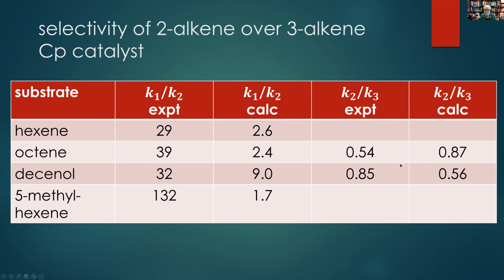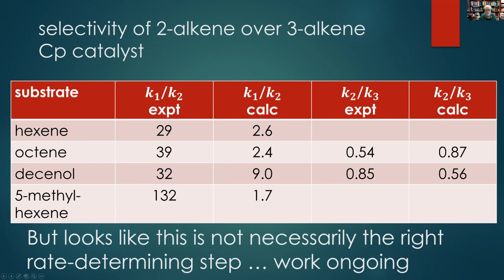And in fact, going from the 3-alkene to the 4-alkene, things slow down again. So we're able to predict those things qualitatively, but you can see numerically the agreement is not very good at all. And in particular, the 5-methylhexene. And this was a clue that we're probably not looking at quite the right rate determining step.